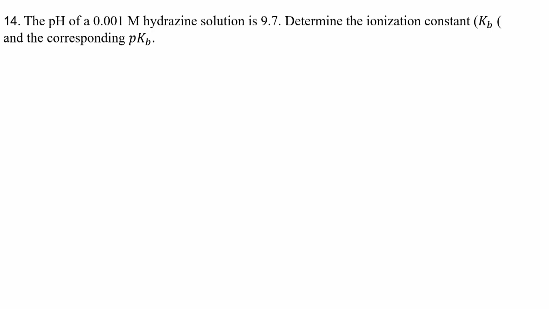Problem number 14 says the pH of a 0.001 molar hydrazine solution is 9.7. Determine the ionization constant Kb and the corresponding pKb.